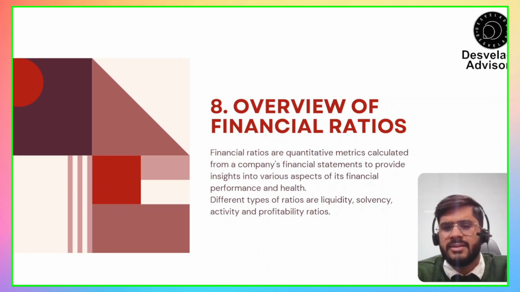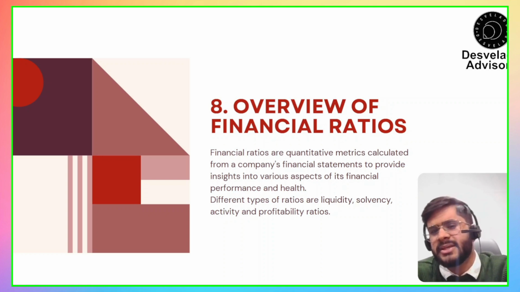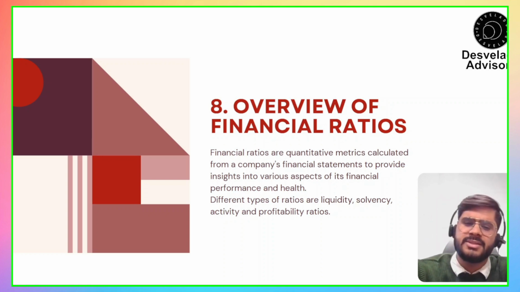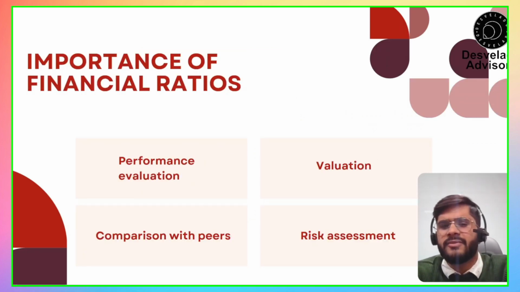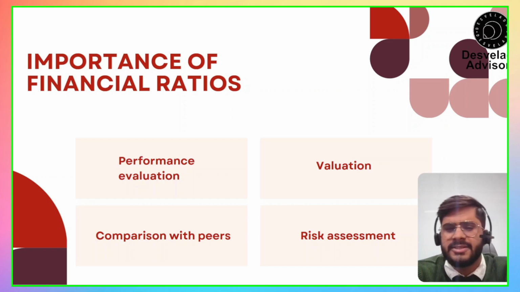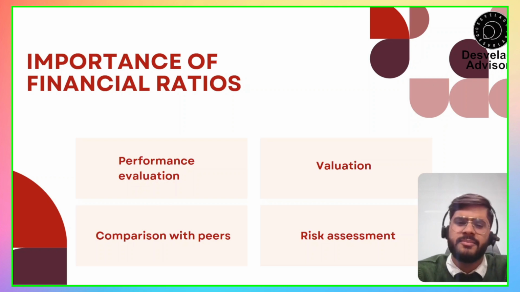And now we can see the overview of financial ratios. These are nothing but the quantitative metrics calculated from a company's financial statements to provide insights. And now the importance of financial ratios are these basic 4 points: performance evaluation to find out the valuation of the organization, comparison with peers, and risk assessment.